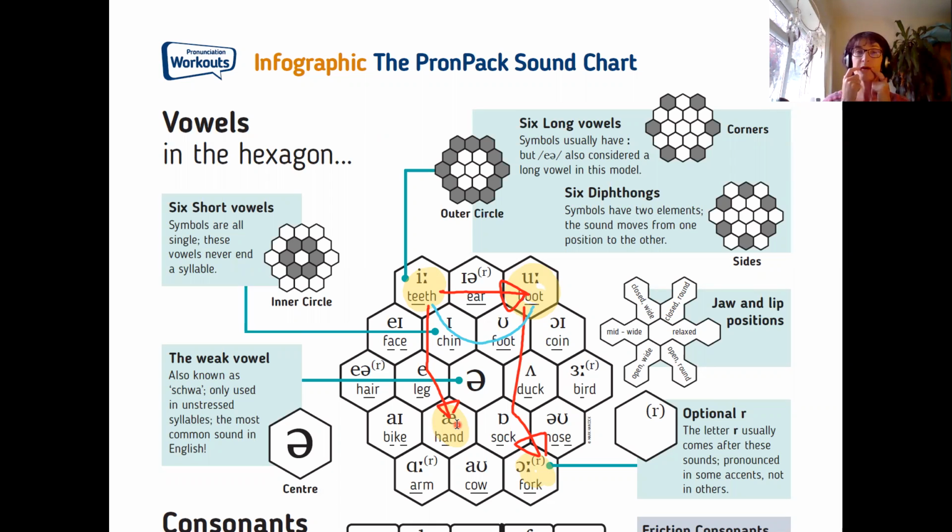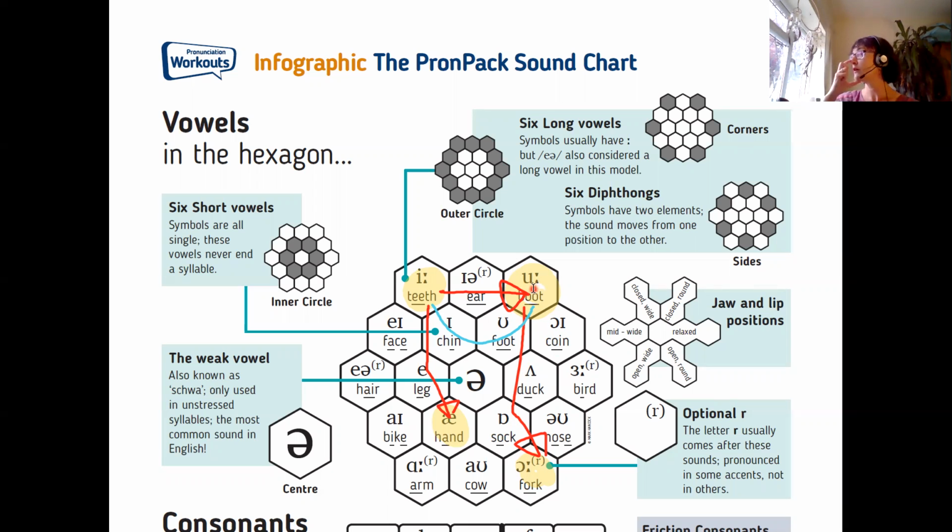But the corners of my mouth are staying the same. So for this downward journey, the mouth gets wider, the tongue also drops lower, but the corners of the mouth don't move.